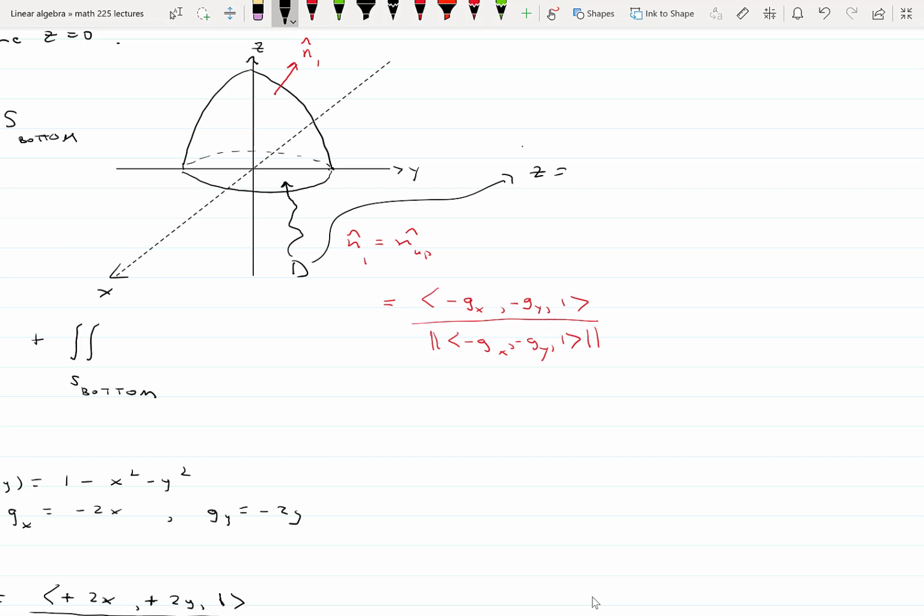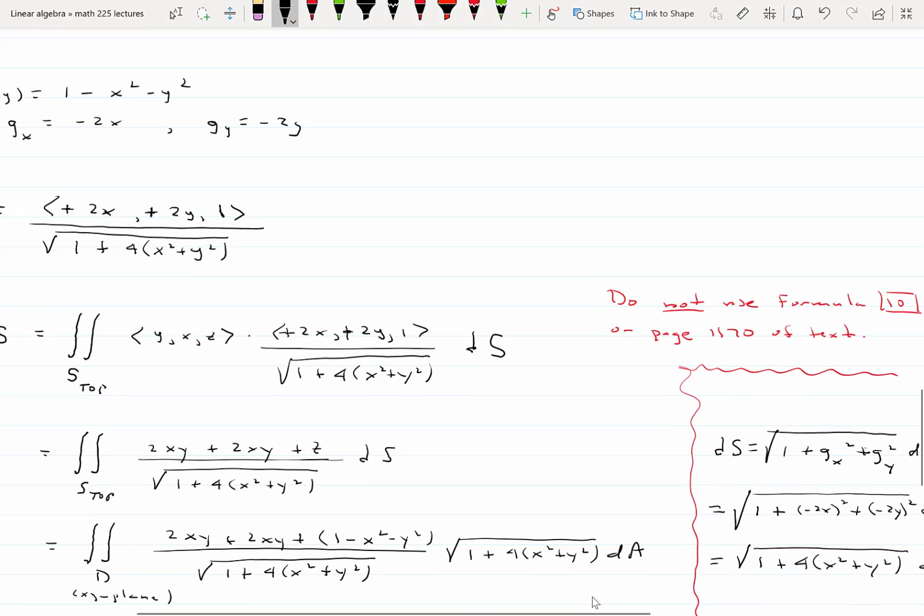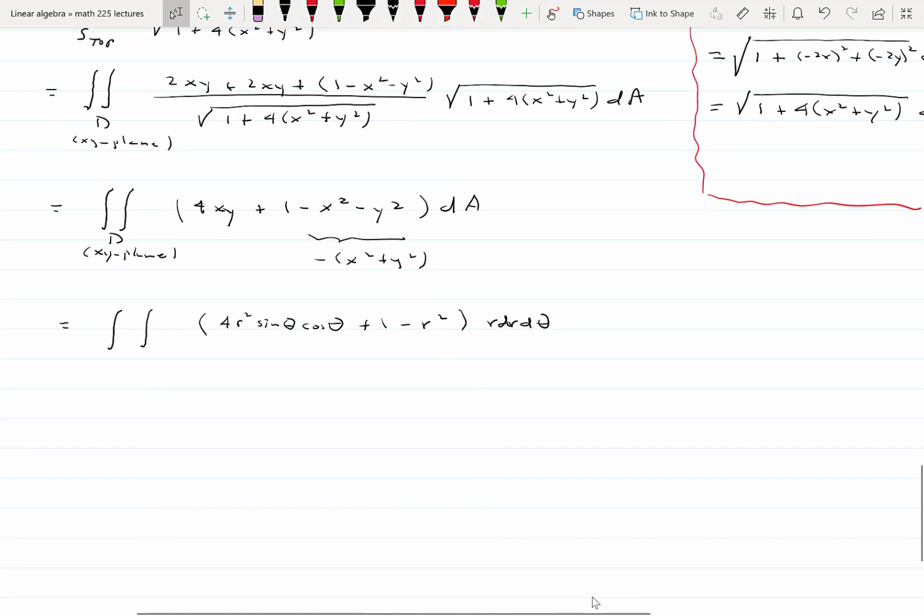The formula for the surface is z equals 1 minus x squared minus y squared, and on D, z equals 0. So 0 equals 1 minus x squared minus y squared, or x squared plus y squared equals 1. So that's pretty cool. So r goes from 0 to 1, and theta goes from 0 to 2 pi to sweep out the entire circle. And then we'd evaluate this.